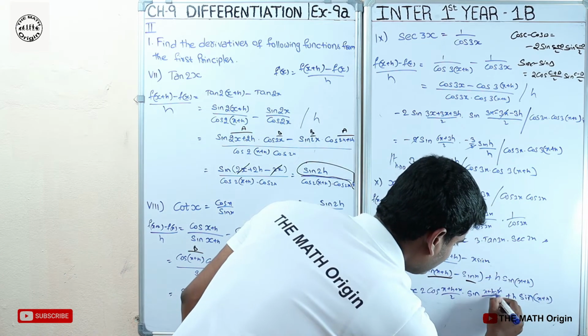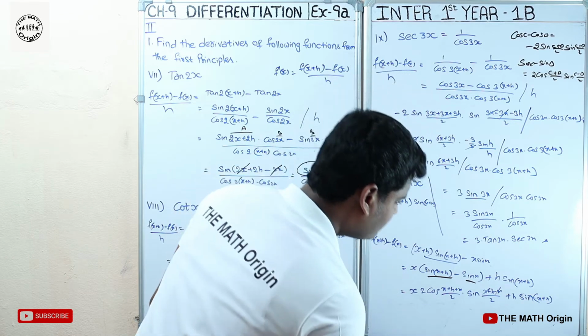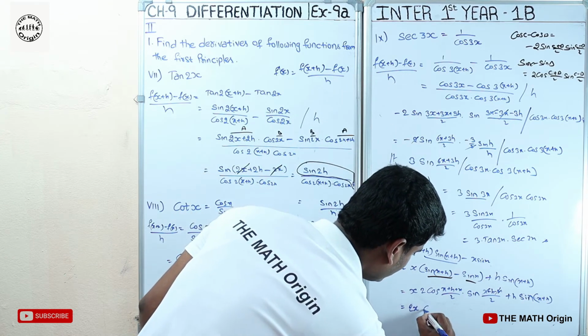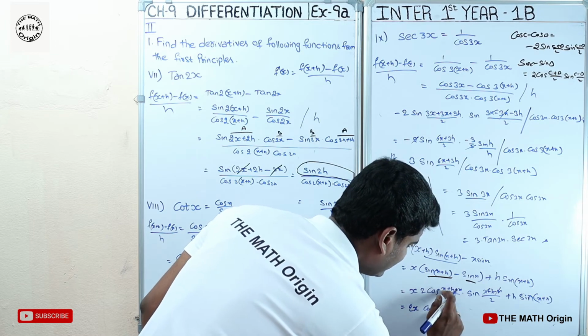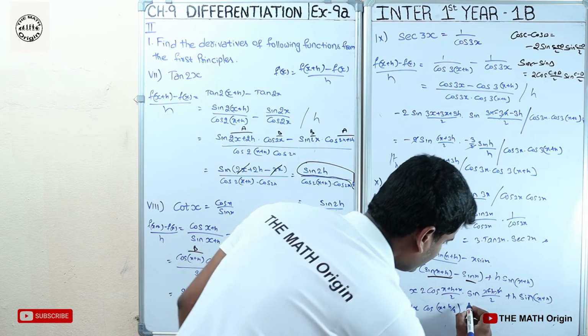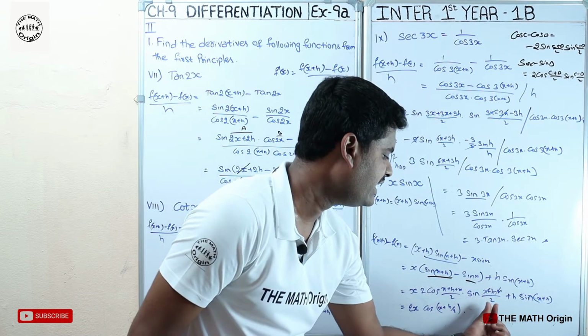Okay, from this x minus x is cancelled. Therefore, that is equal to 2x. Here we have cos of (x plus h/2), into, here the value is sin h by 2.